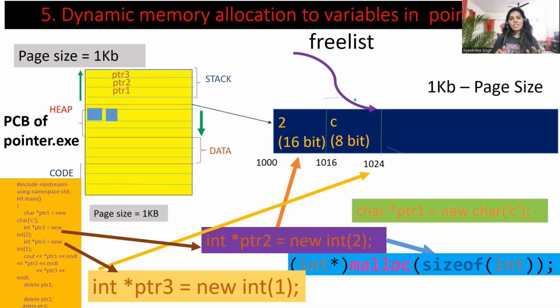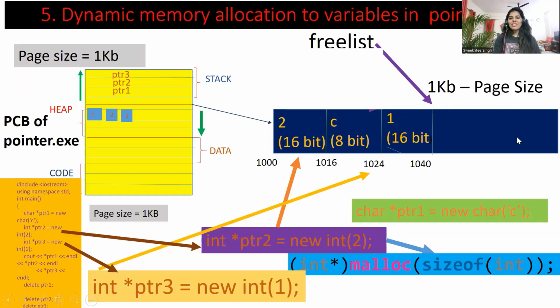So at location 1024 in the free list, it finds that the memory is available. So 16-bit is allocated. Now at the 1024 location, memory is no longer free. So the free list is no longer pointing to the 1024 location, and it starts pointing to the 1040 location.